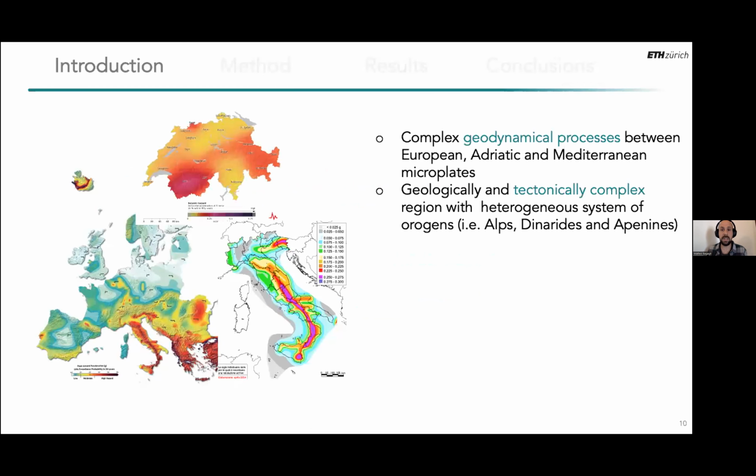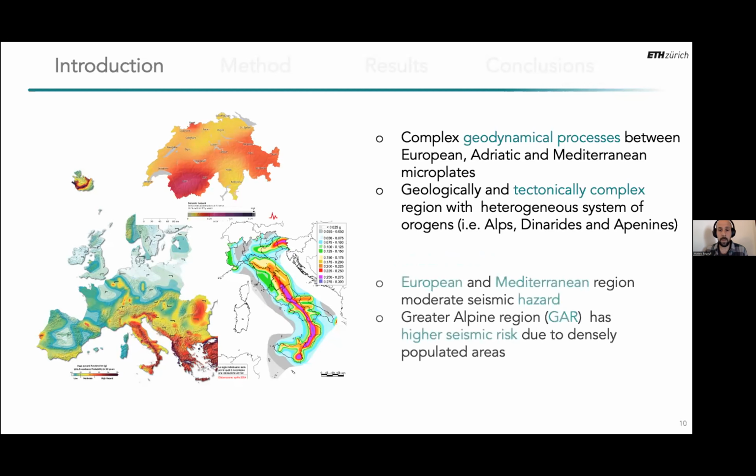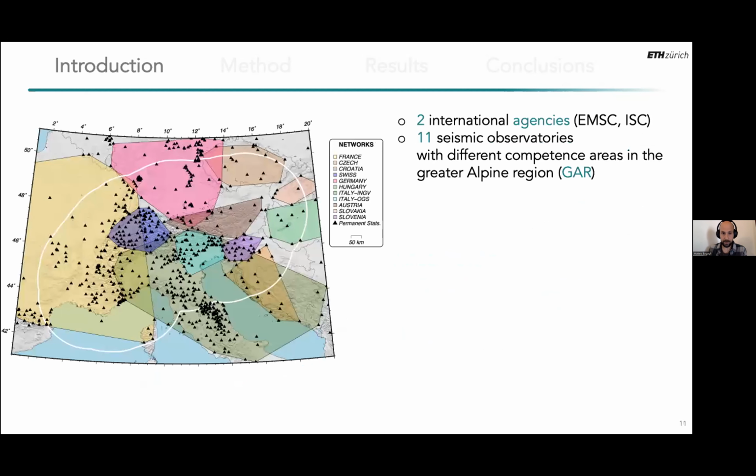So the Mediterranean area is a complex region, involved in complex geodynamical processes among the European, the Adriatic, and the Mediterranean microplates. This geologically complex setting, of course, gives this area a moderate to slightly high seismic hazard, and because of the densely populated areas at the center of this region, it is even more important to correctly determine the occurrence of events.